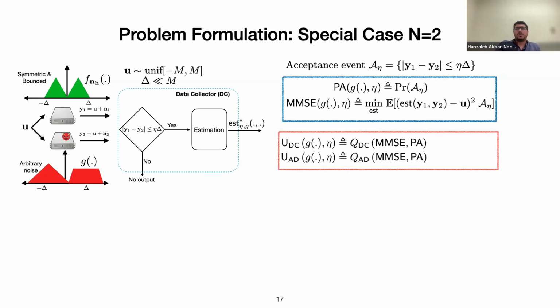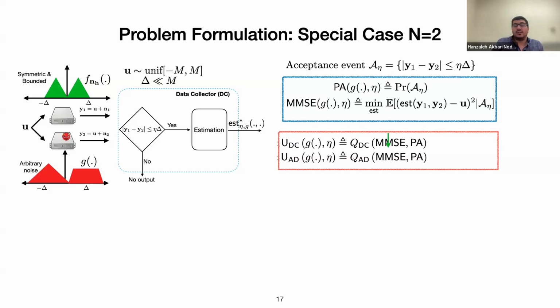Okay. So each of these players, the data collector and the adversary, has some utility function. And both of these utility functions are dependent on the probability of the acceptance and the MMSE, the error. For the data collector, the utility function is a decreasing function with respect to the MMSE.